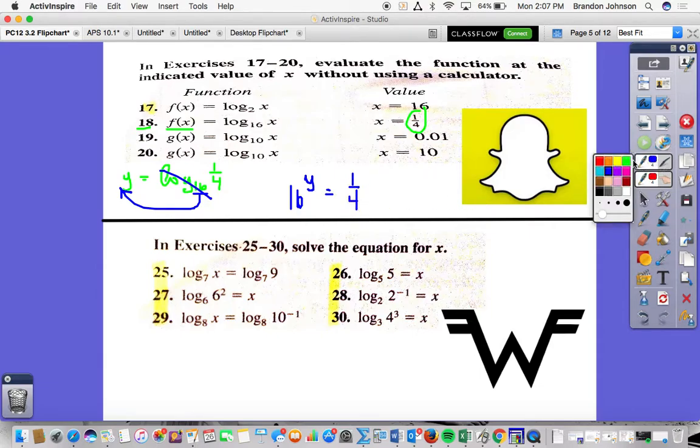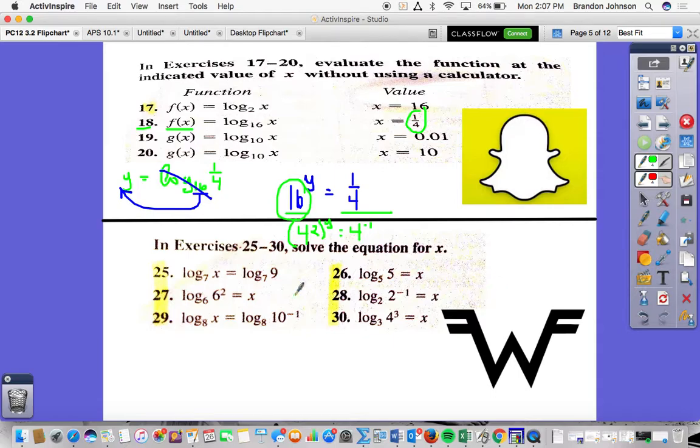Now, the question becomes, what can I do to get this to where it's one-to-one, where the bases are now the same? Well, to make it a little easier, I could change 16 to 4 to the 2nd power. Keep that y on the outside like this. There you are. And 1/4 could be the same as 4 to the negative 1st.